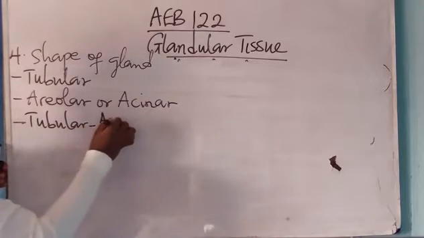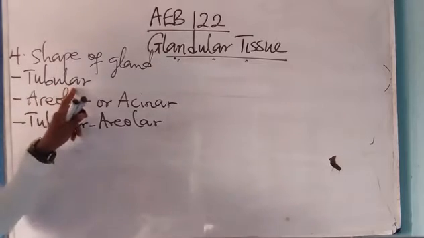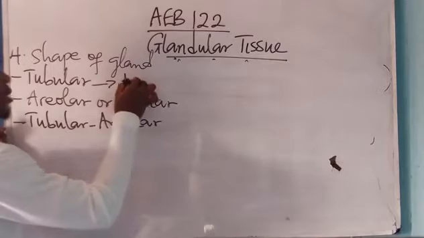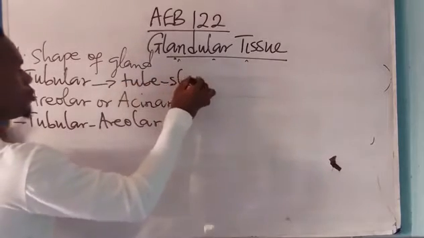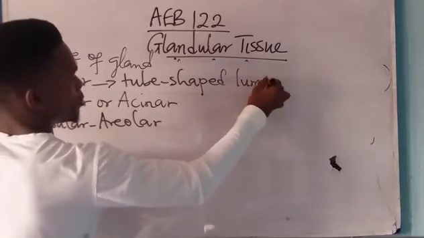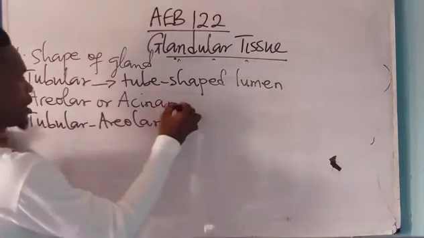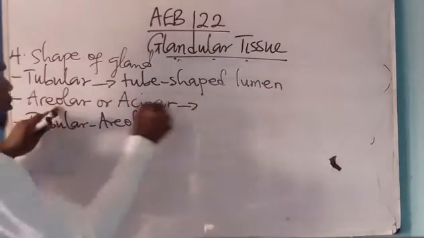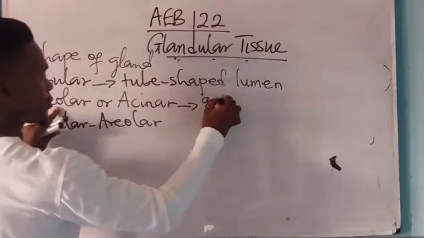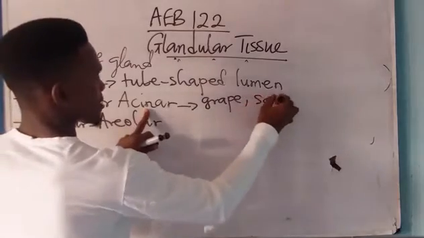tubular areola gland. Now this tubular gland, as the name implies, is tube shaped lumen. Now this areola or acina, sometimes they tell you that it's like a grape, or this acina is like a sac.